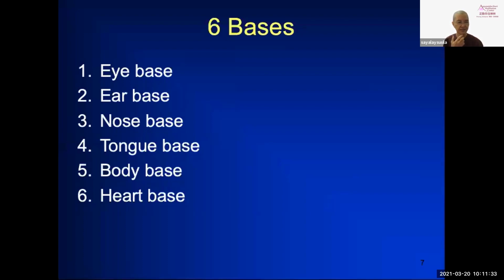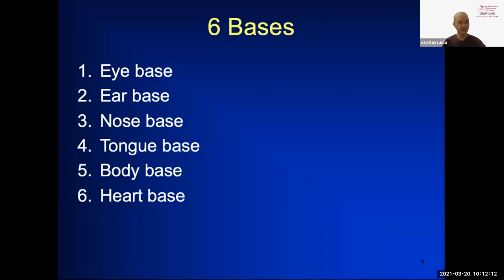The body base is sensitive towards the tangible, and it spreads all over the body, apart from the tip of the hair. The 6th is the heart base. The heart base is something very new to you. It is inside the heart, in the blood. In the heart, there is a lot of blood circulating, and inside the blood there is the heart base.